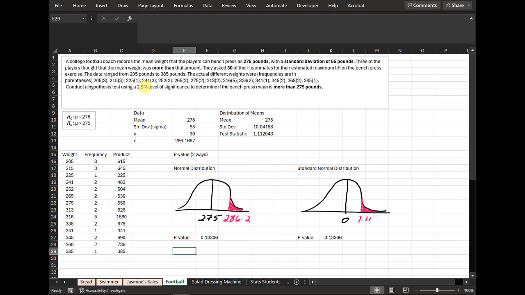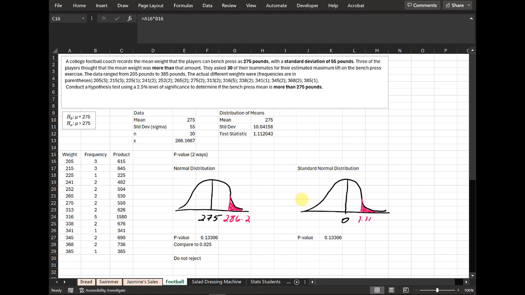So I am going to compare each of these to 2.5%, which is 0.025. And clearly, this value, no matter which way you slice it, is larger than 0.025. So what does that mean? We do not reject in this case because this value is too large. Remember, the phrase is if the p is low, the null must go. We don't have that in this case, so we do not reject.